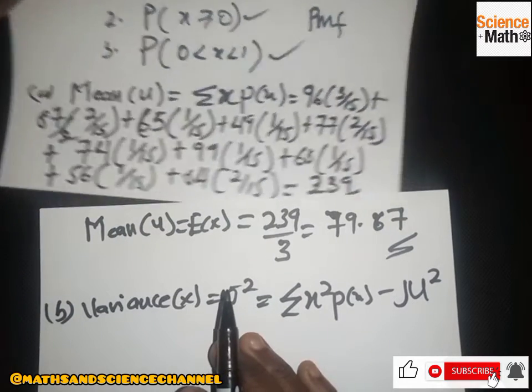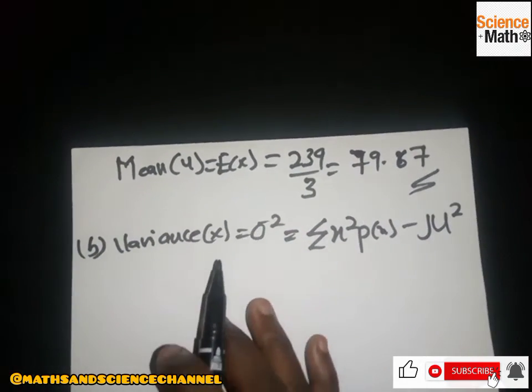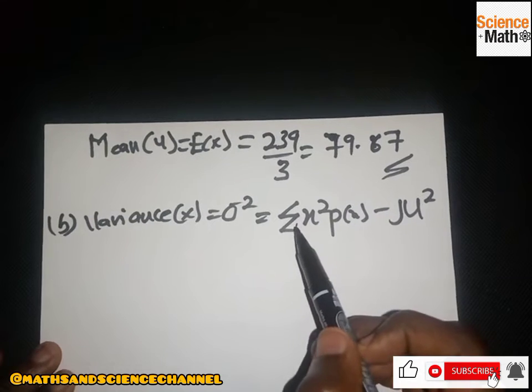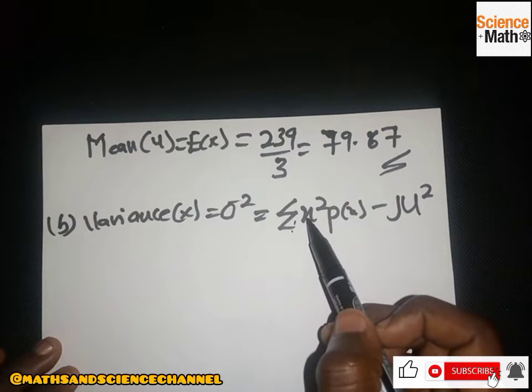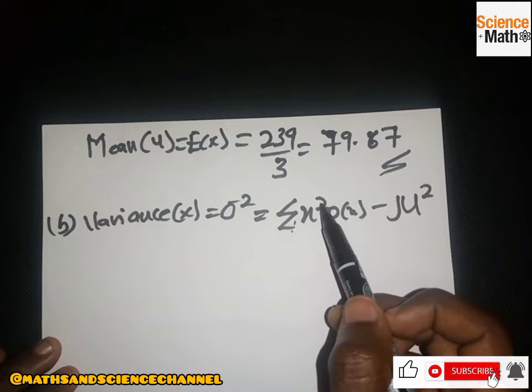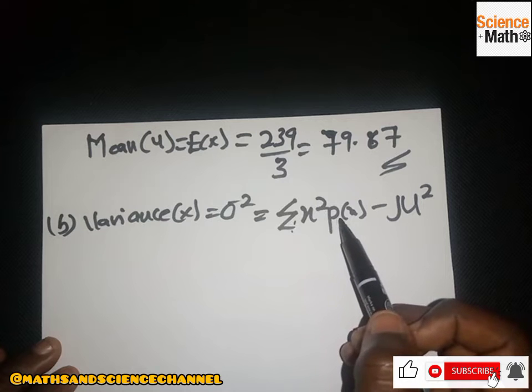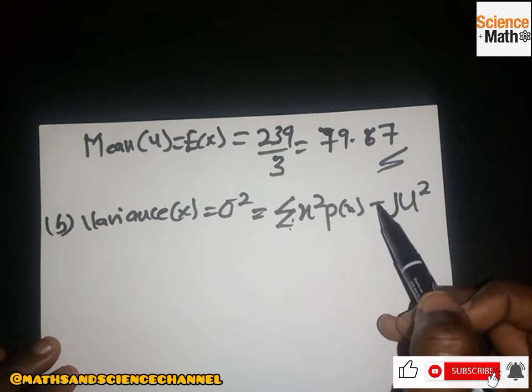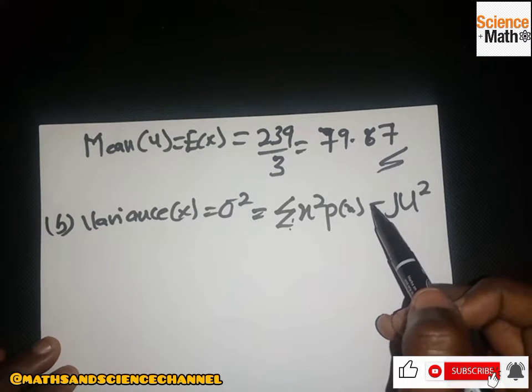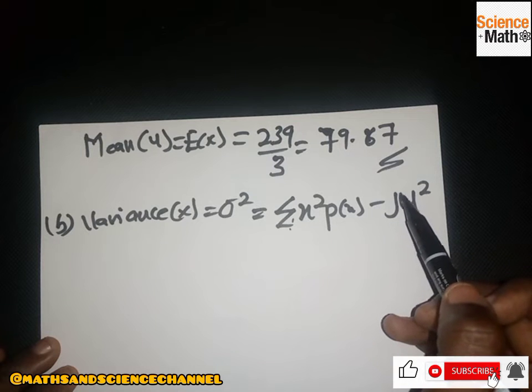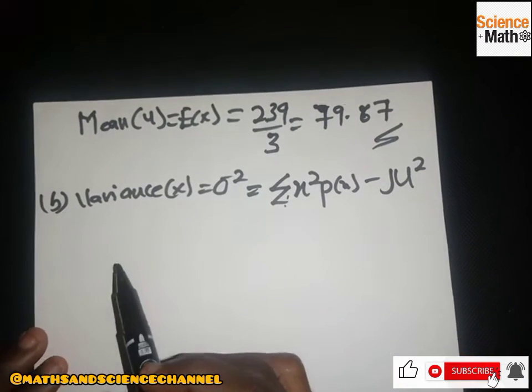So what we are doing is to sum the s squared in each and every case multiplied by P of x, and then from there we are going to subtract the mean squared.